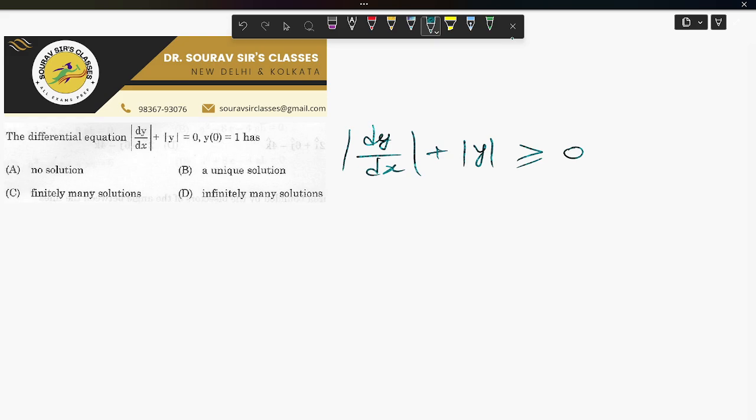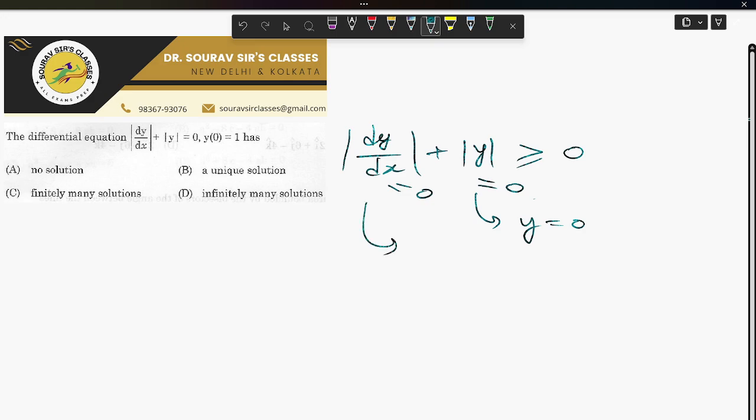This implies both terms must be 0 simultaneously. So that has to be 0 and that also has to be 0. From this part we get y = 0, and from this part we get dy/dx = 0, meaning y must be a constant function.